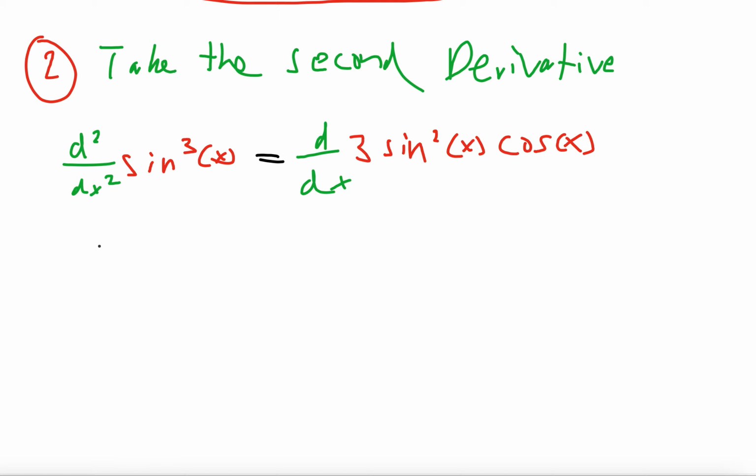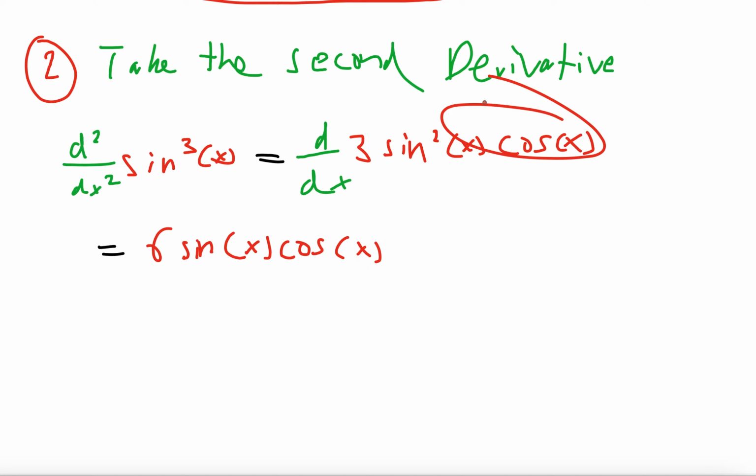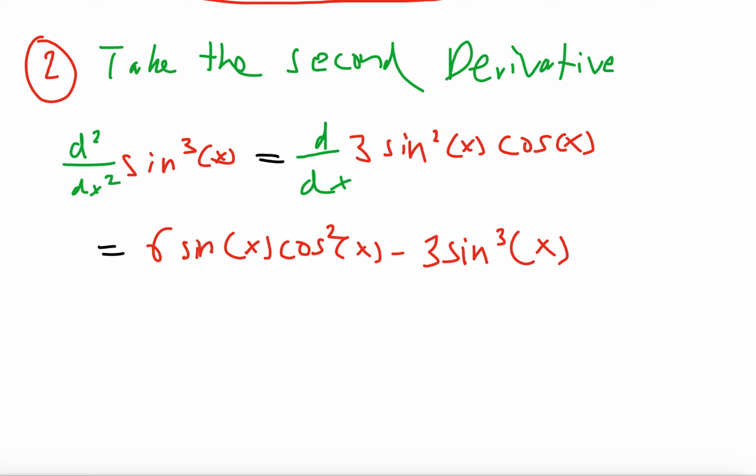So we get, f prime here is 3 sine squared x, which becomes 6 times sine of x cosine of x, times that cosine of x over here makes cosine squared of x, and add that to g prime f, we get plus, well, this is negative sine x times 3 sine squared x, so we have minus 3 sine cubed of x. So there you go. That's the second derivative.